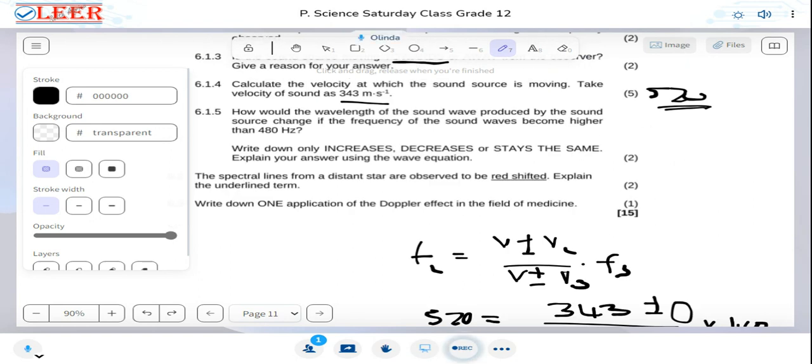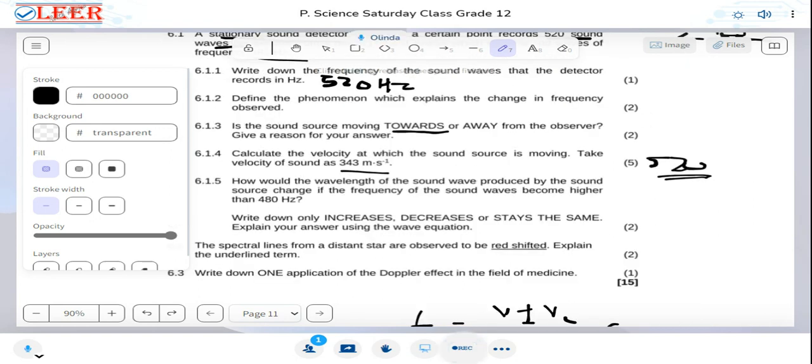6.1.5. It says, how would the wavelength of the sound wave produced by the sound source change if the frequency of the sound wave became higher than 480?